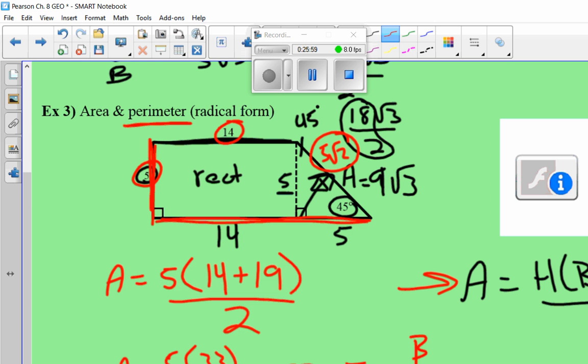Sorry. P equals 38 plus 5 square root of 2. I can't put those together by addition because I have a radical and I don't have that in all my terms. So that's just leaving it in simplified form.